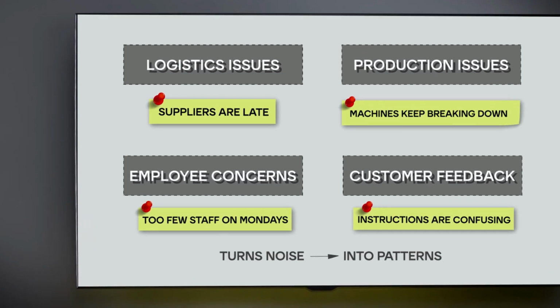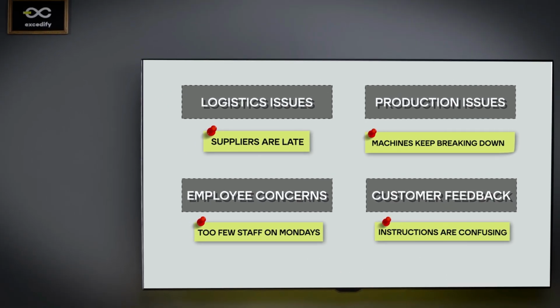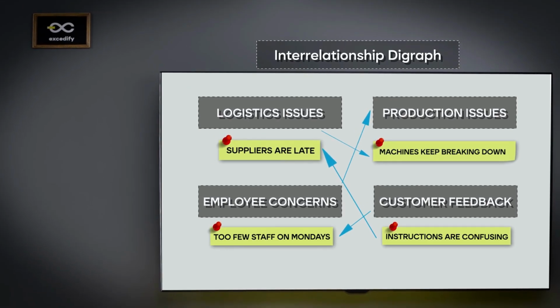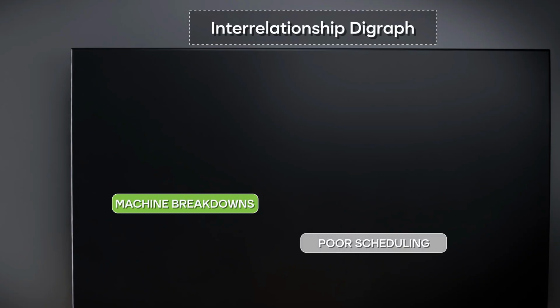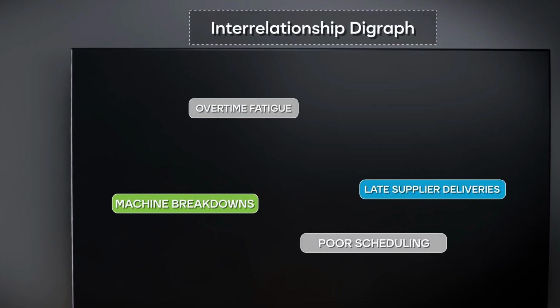Okay, so now you've grouped the problems. But the next question is, which of these causes drives the others? That's where the interrelationship digraph comes in. Let's stick with our delay problem. We map factors like machine breakdowns, poor scheduling, late supplier deliveries, overtime fatigue. We draw arrows to show cause and effect.